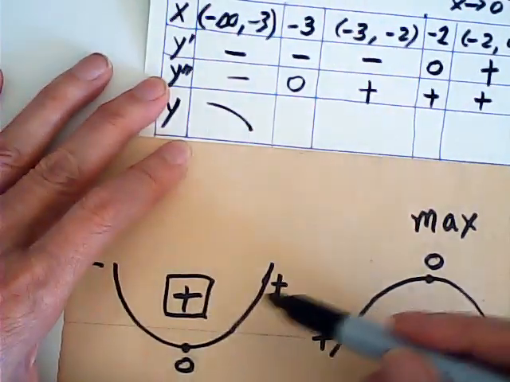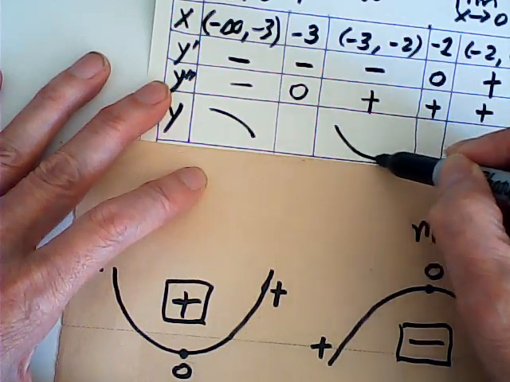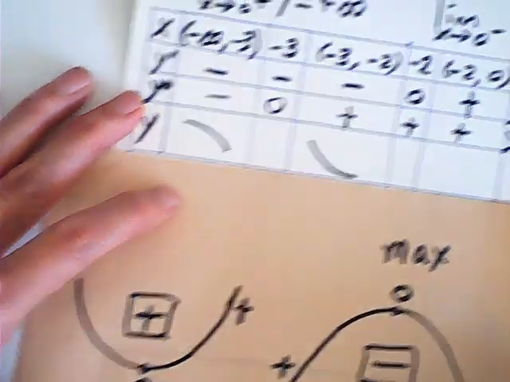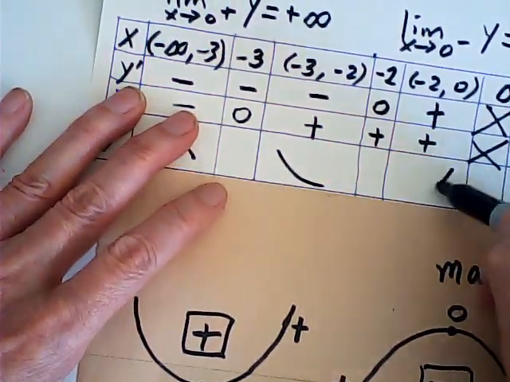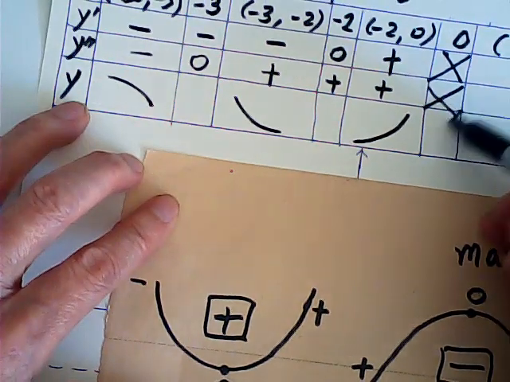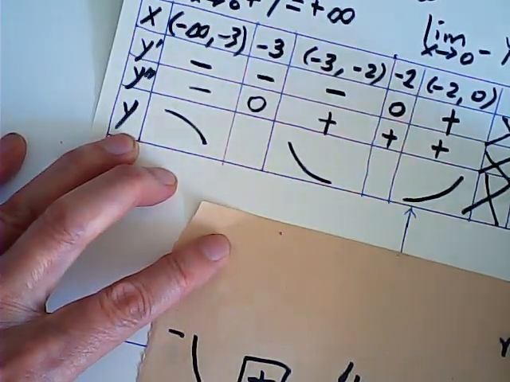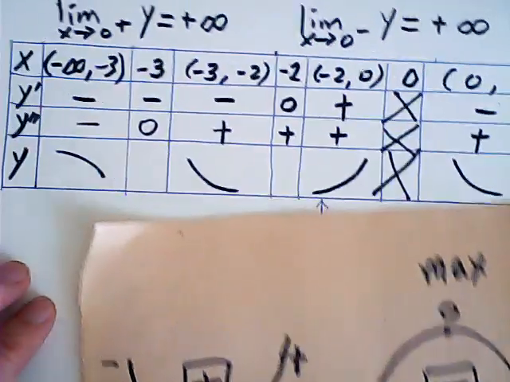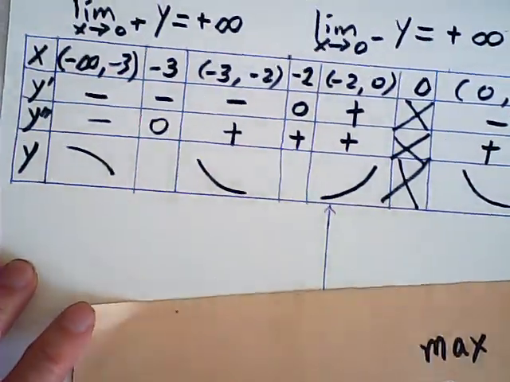Positive, negative, this is a shape. Positive, this is a shape. The function is not defined at 0. Positive, negative, this is the shape. You see, it's a very nice way to get the shapes of the curve, right?